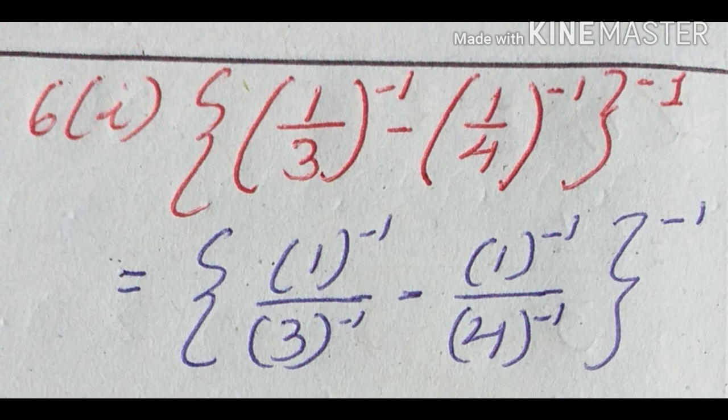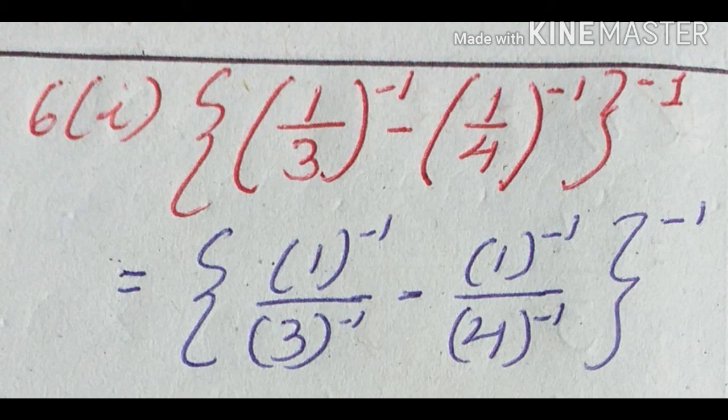You can do it. That is 1 by 3 whole power minus 1. So we can write it like this: 1 to the power minus 1 by 3 to the power minus 1, minus 1 to the power minus 1 by 4 to the power minus 1, and the curly bracket whole power minus 1 as it is.